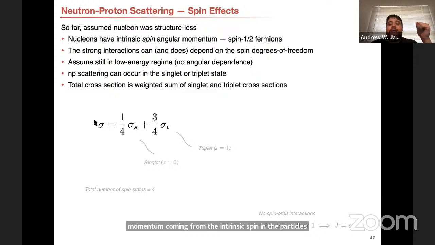So the total angular momentum of the system is completely governed by the spin angular momentum. Since L is equal to 0, there's no interactions between the spin and the orbital couplings, and the total angular momentum, which I'll call J here, is just given by S, which is either spin 1 or spin 0.